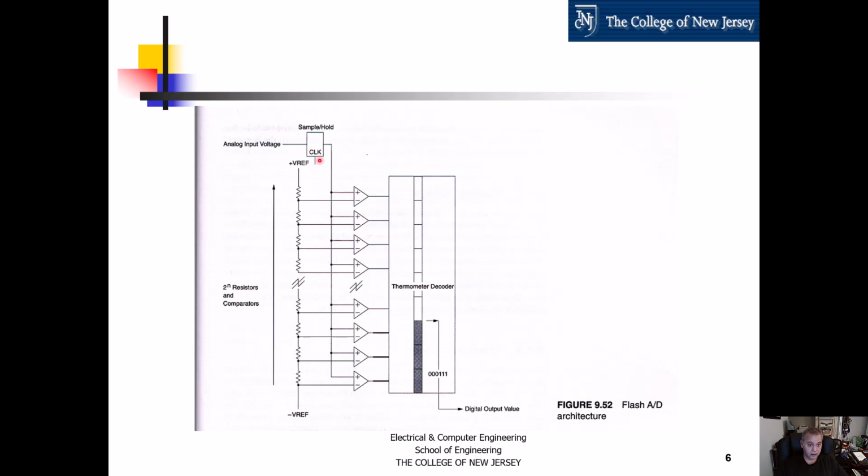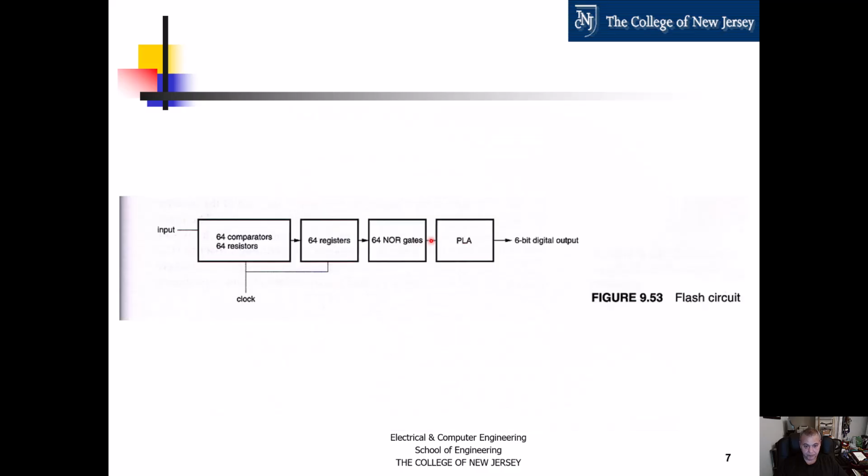The clock is used for the sample. The input is the actual input. And then what we get is really into here. That Q and Q naught is basically at the output of the register part, right at the input of the NOR gate.